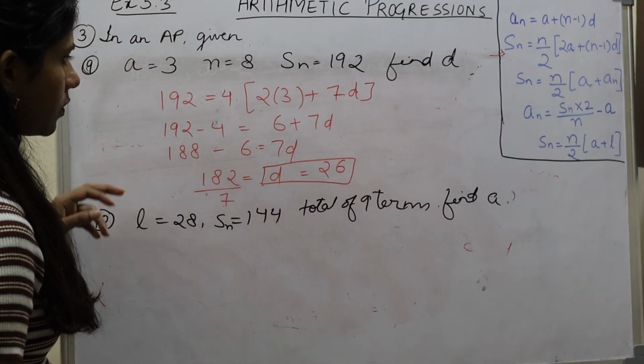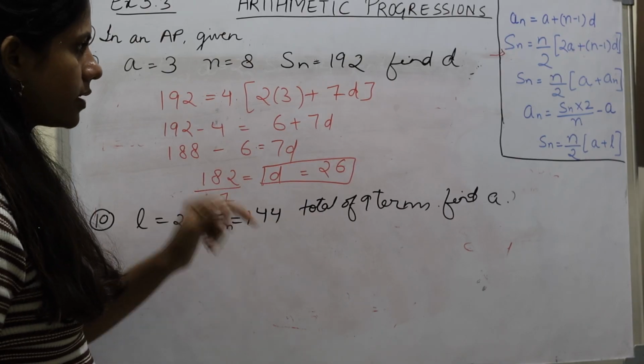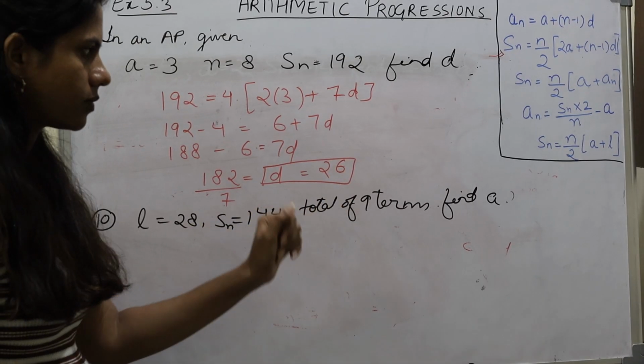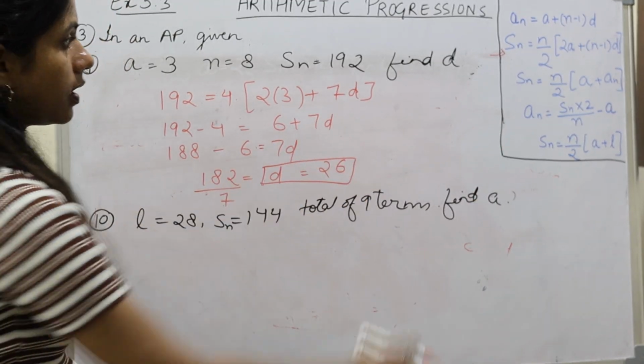They have also written that n is 9 because they have written Sn is 144. A total of 9 terms are there, and everything else is there, so we can directly use this last formula.